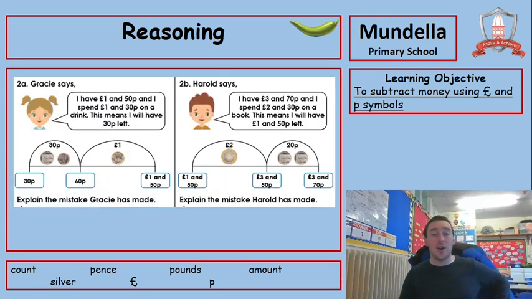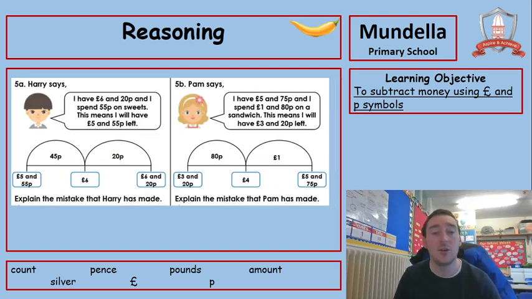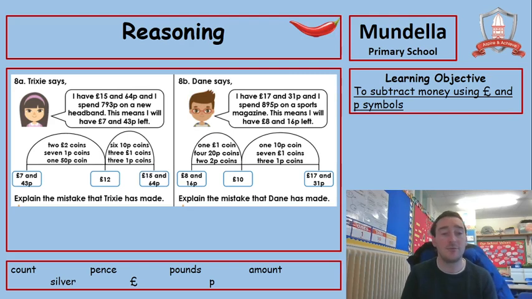Now, if you want to try the green chili reasoning questions, pause the video now. If you want to try the yellow reasoning questions, pause the video now. Or if you want to try the red reasoning questions, pause the video now. And there's that number line that we were talking about in the example.